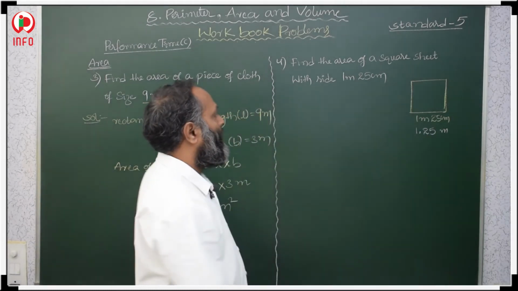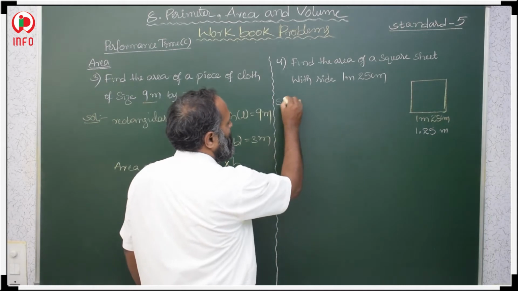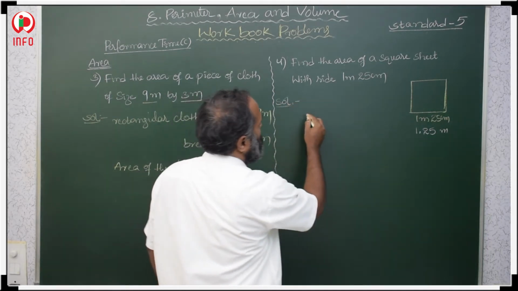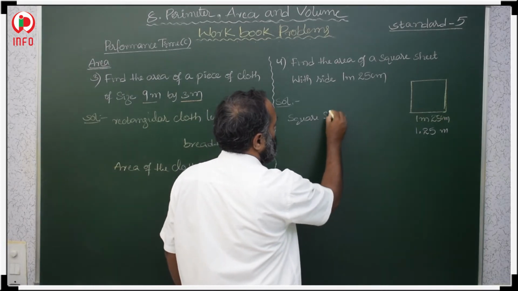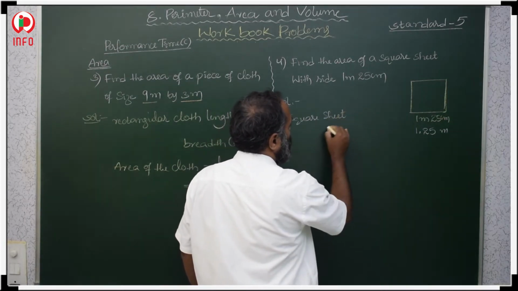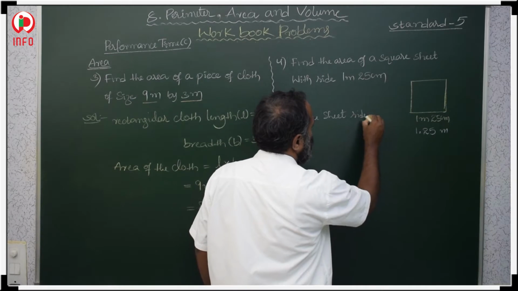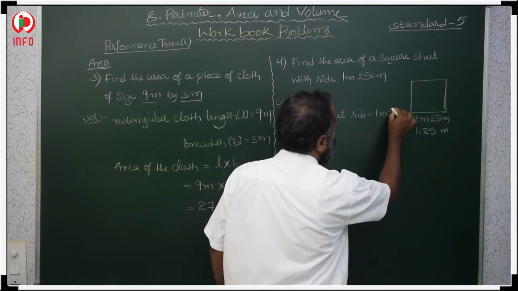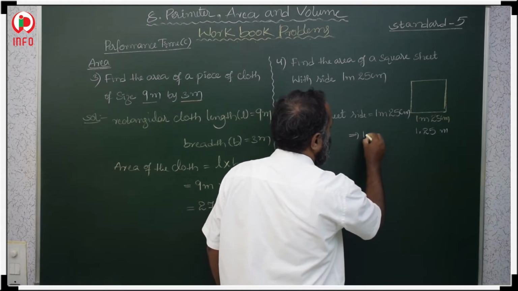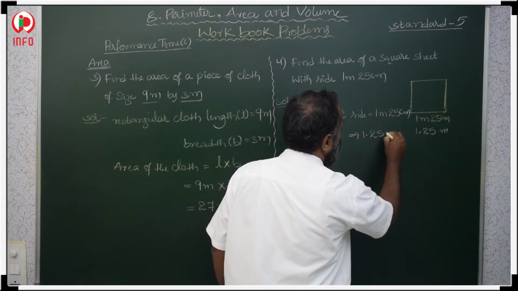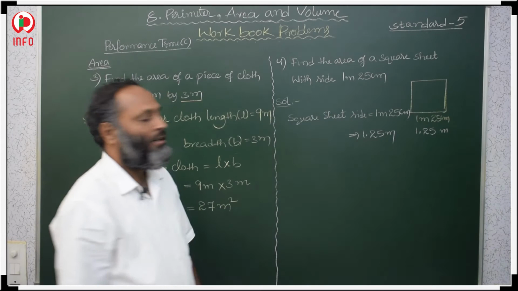Okay. Now, square sheet side is equal to 1 meter 25 centimeters, that is 1.25 meters. Okay.